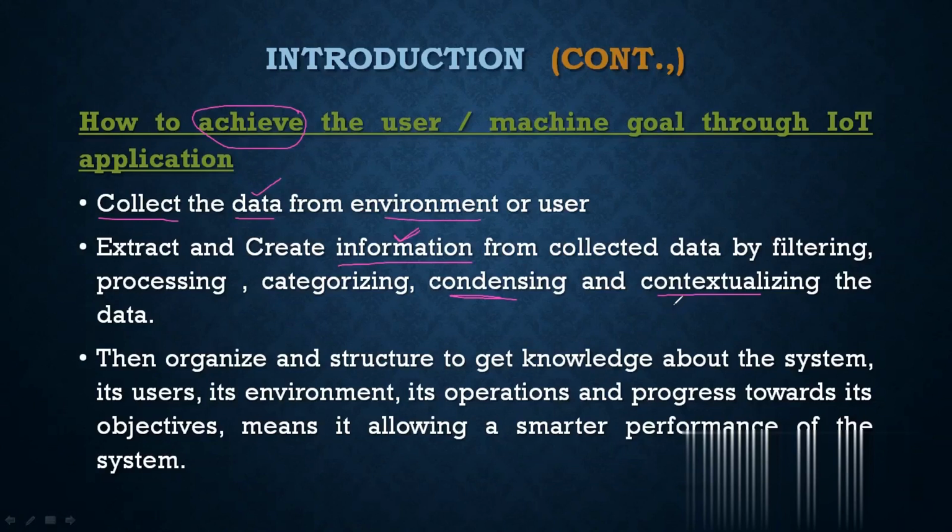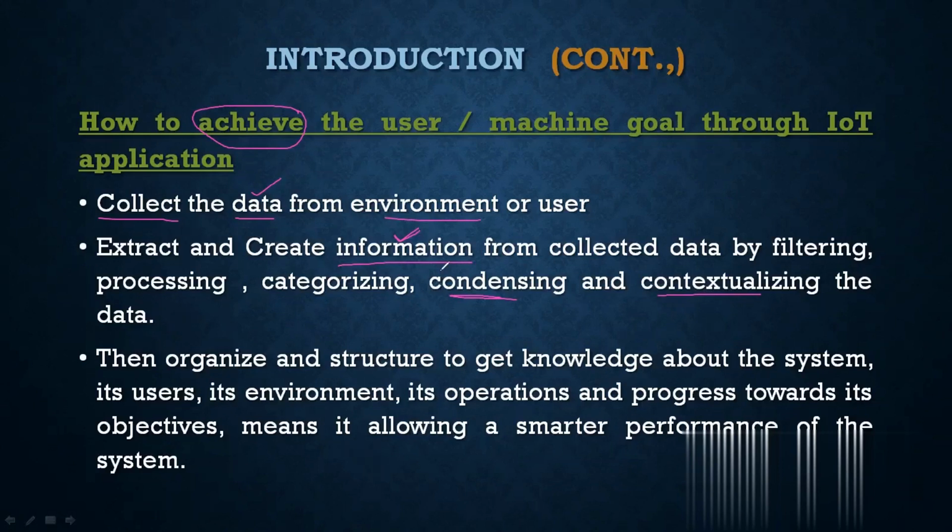All these things we decided. That is called contextualize. By this we can do meaningful work. So these are all the steps we performed for extracting the information from the collected data.